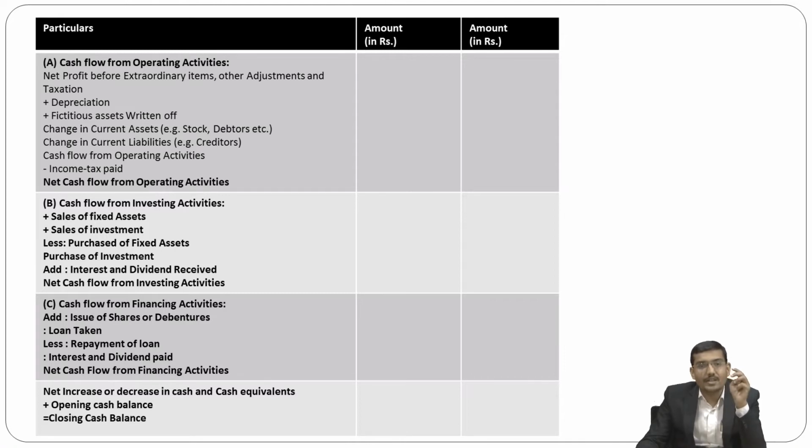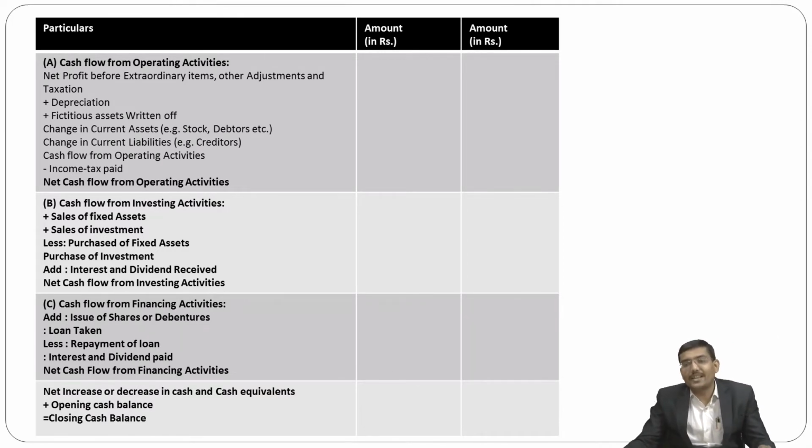After that, it is ultimately defined as the cash flow from operating activity, and with respect to that, deduct the income tax paid. So you get the net cash flow from operating activities.